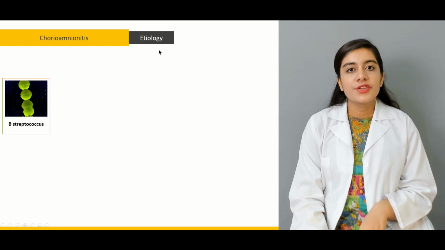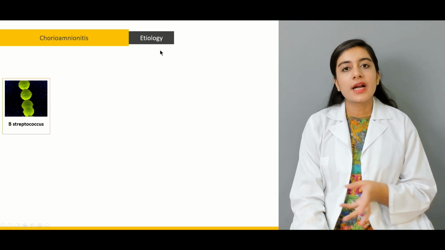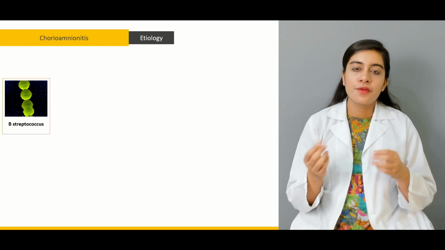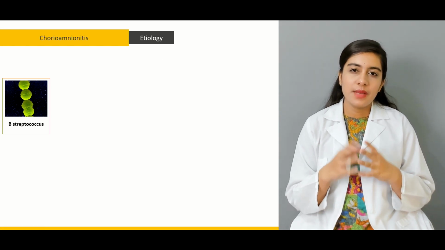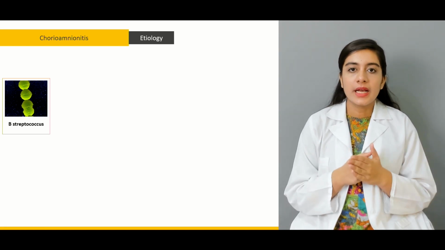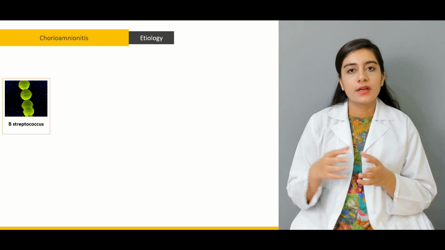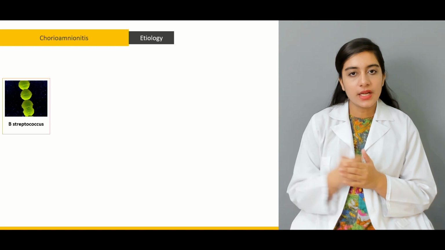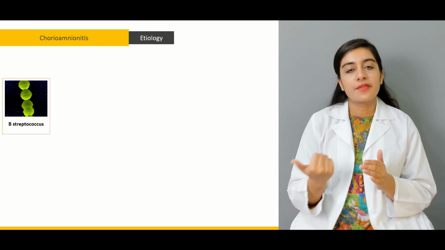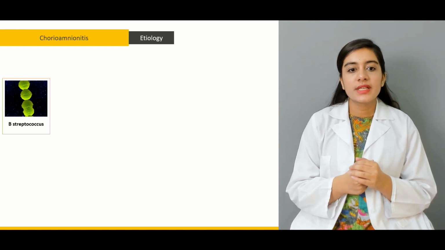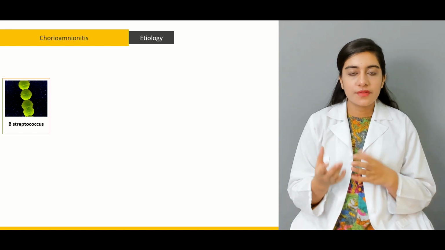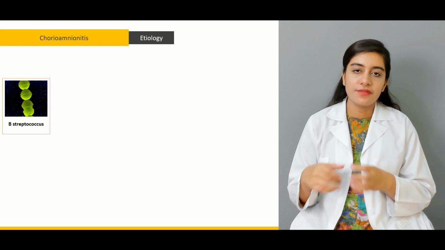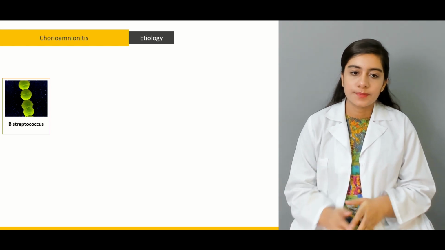If we talk about the etiology of the disease, or the causes, there are different organisms including viruses and bacteria. First of all, they affect the mother, and from the mother they reach the placenta, and from the placenta they affect the fetus. So basically the origin of the disease occurring in the placenta is the infection present in the mother.